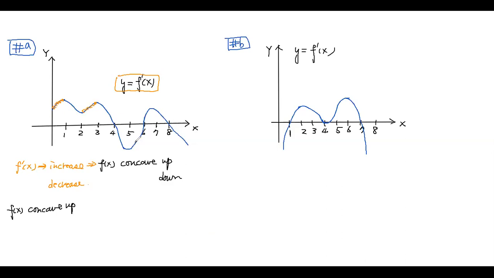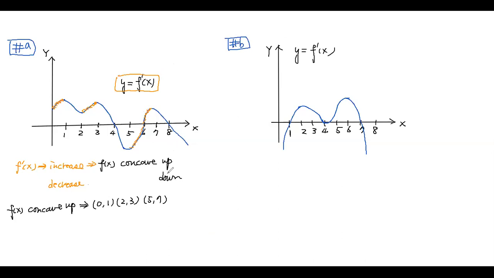Then from here to here, all these three are increasing. So even though they did not give us f of x, I know f of x has to be concave up. So it will be 0 to 1, 2 to 3, and 5 to 7, correct?